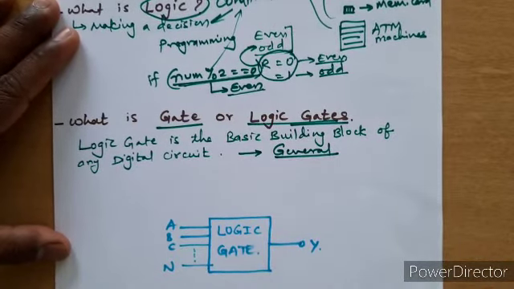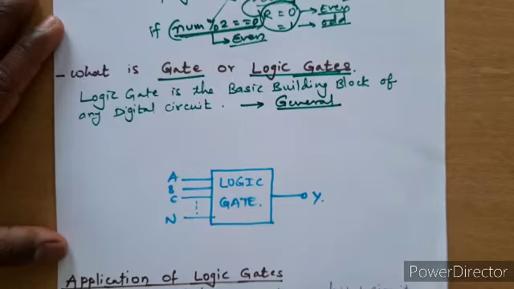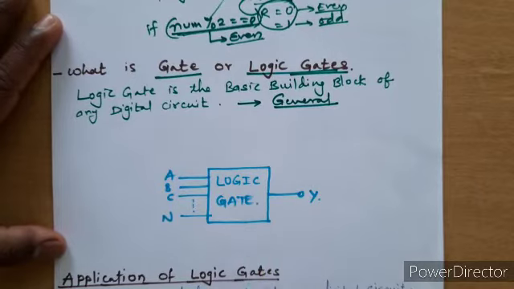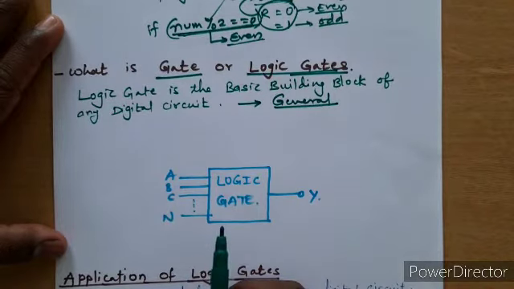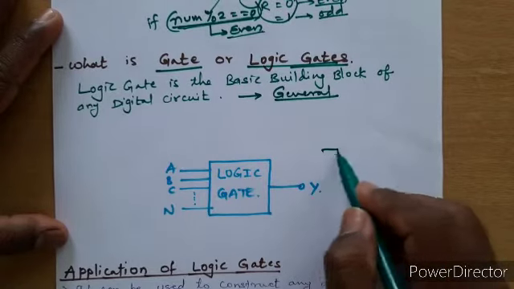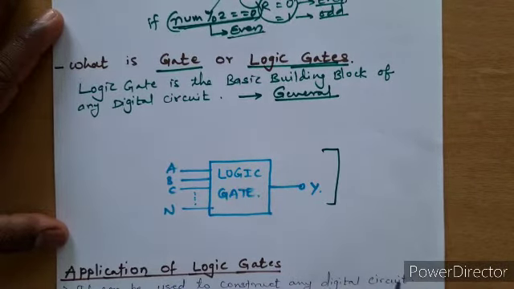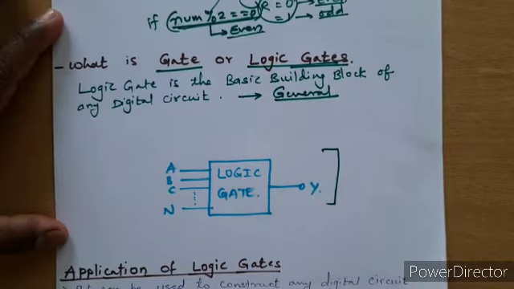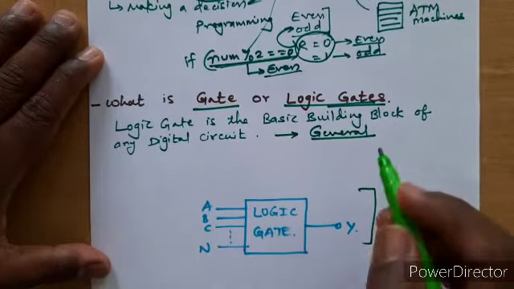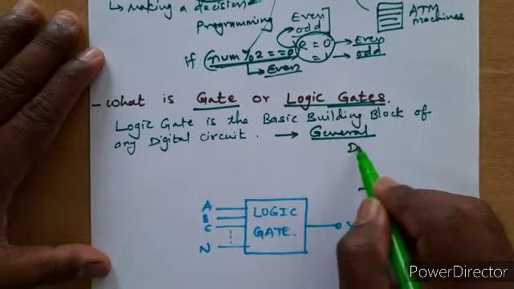But we are now technical students, technocrats, technologists we can say. So we need to go into the depth of this technical definition. When we go into the depth of this definition, then we can understand in detail what this logic gate is. Said in another way, we have seen that this is digital electronics.